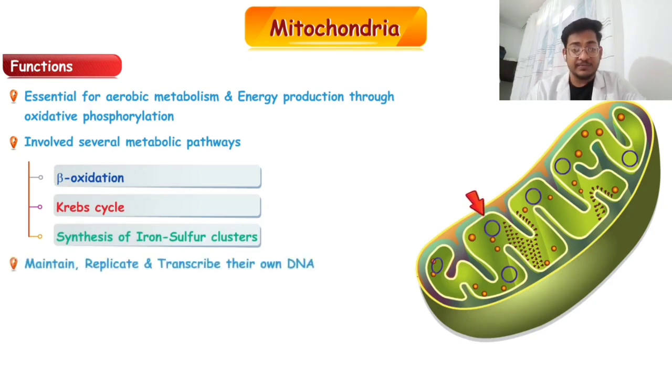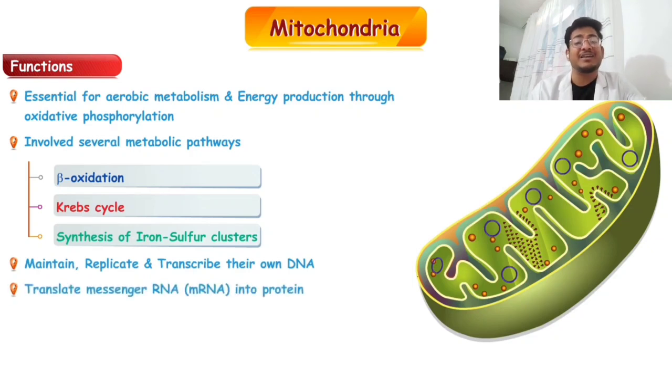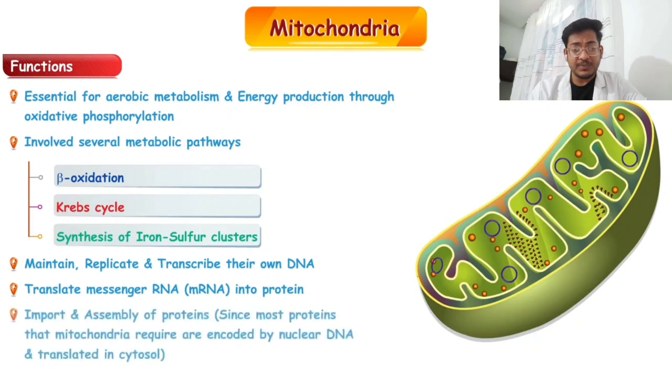Mitochondria also maintain, replicate and transcribe their own DNA and translate messenger RNA, or mRNA, into protein, and import protein. Most proteins that the mitochondria require are encoded by nuclear DNA and translated in the cytosol.